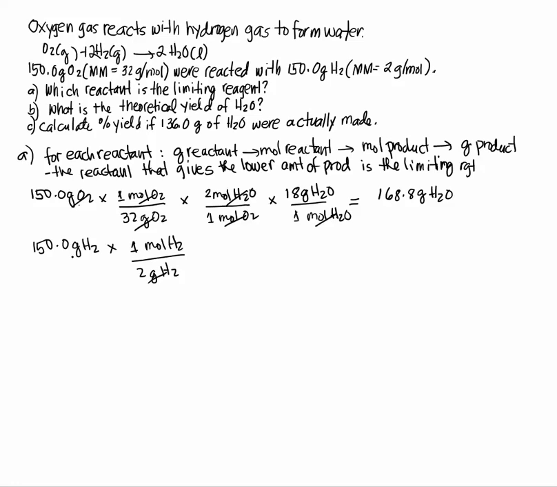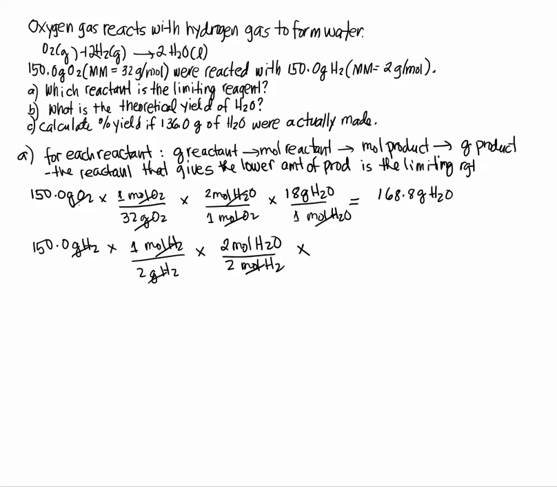Grams of hydrogen cancel. Next, convert moles of hydrogen to moles of H2O. According to the balanced equation, 2 moles of H2O are produced for every 2 moles of H2. Moles of H2 cancel.